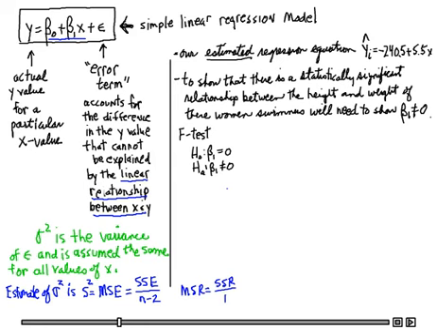So for simple linear regression, there's only one independent variable, so MSR is actually just SSR. Now, what the F distribution does is that it compares the ratio of these two estimates of sigma squared, the two variances, MSE and MSR.